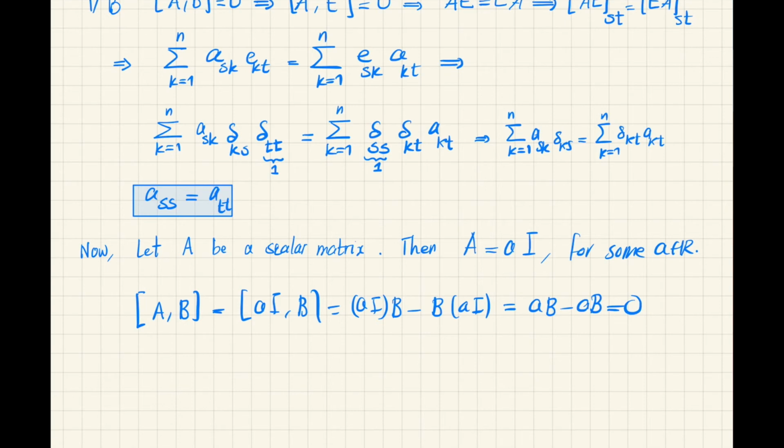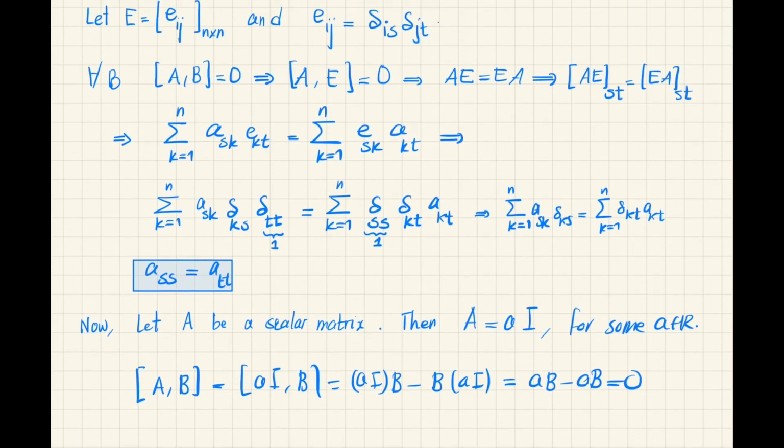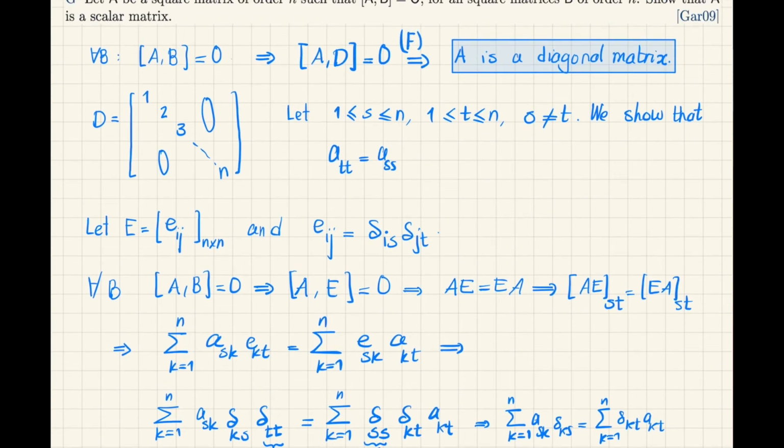So this is clear that a scalar matrix actually commutes with every 2 by 2 matrix. And on the other hand, I show that if this is going to work for all n by n matrices B, then A has to be a scalar matrix.